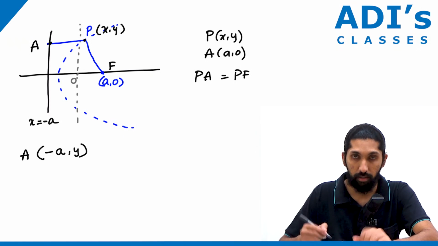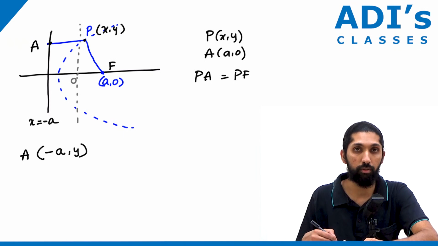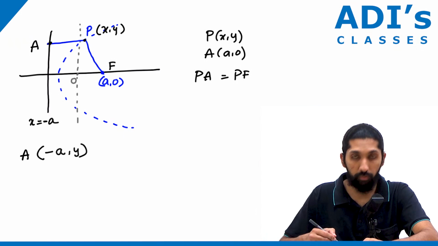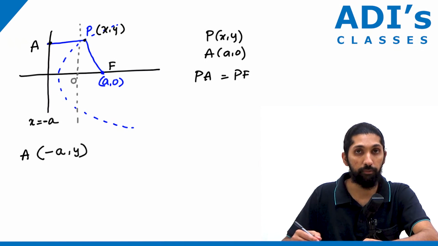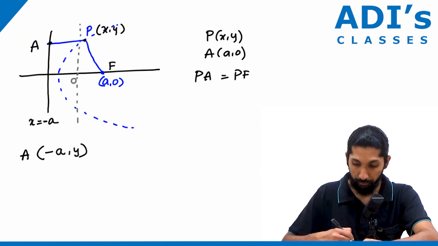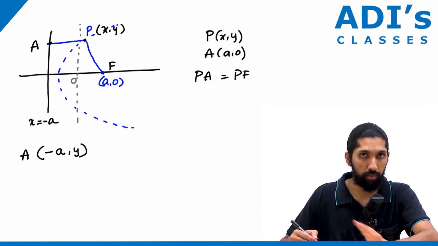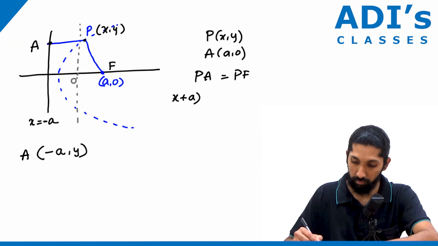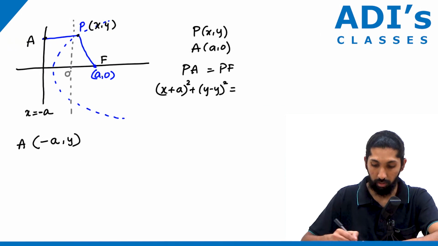Make sense? Now, the parabola is moving like this and PA is equal to PF. So, when you take PA, the normal distance formula, nothing else: root of (x plus a) whole square plus (y minus y) whole square is equal to PF.